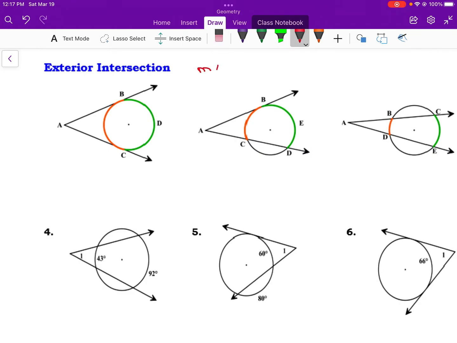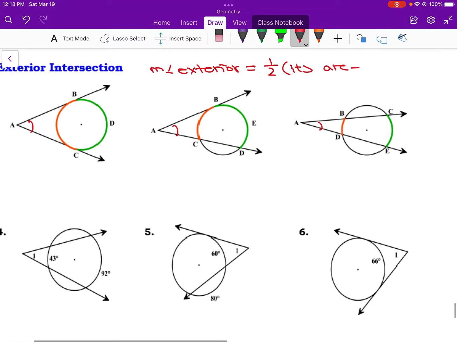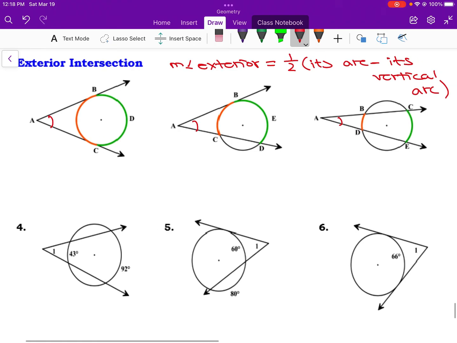So we're just going to say that the measure of the exterior angle that we're looking for, so in this case it would be angle A, in all 3 of these cases, is just going to be equal to 1/2 of its arc minus its vertical arc, which is going to be a little trickier to envision since it's not on the inside of the circle this time.